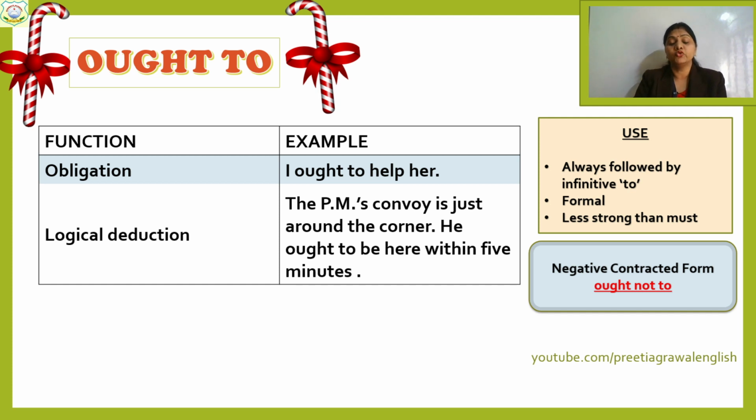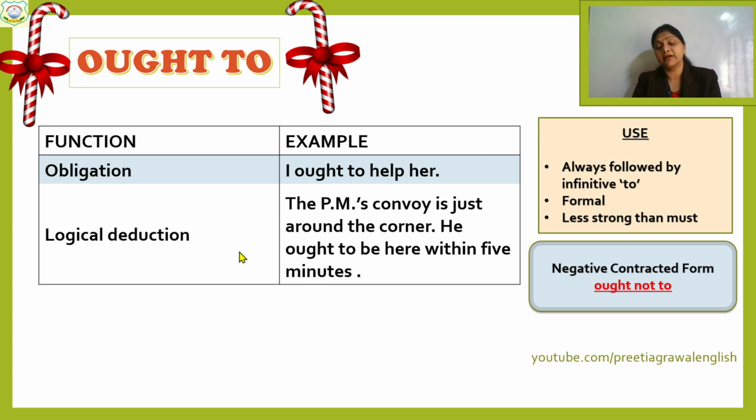The PM is about to reach and he ought to be here. Ought to be here means we are using our logic that if the convoy has reached the corner, it will take around 5 minutes. So whenever we have to use our logic, we can use ought to.